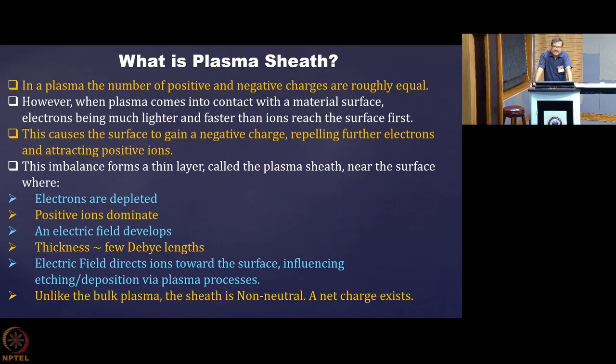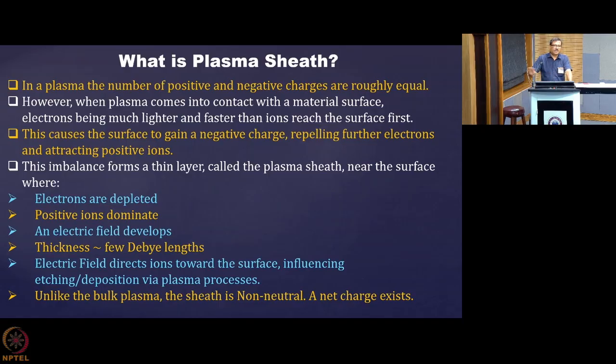However, when the plasma comes in contact with a material surface, the electrons, being much lighter and faster than ions, reach the surface first, and this causes the surface to gain some negative charge, because the ions are also moving, but they are not that fast.